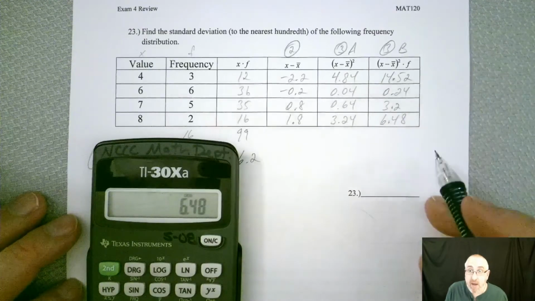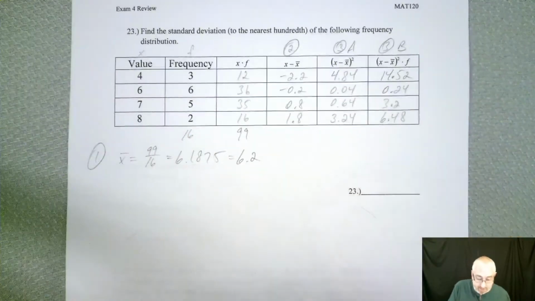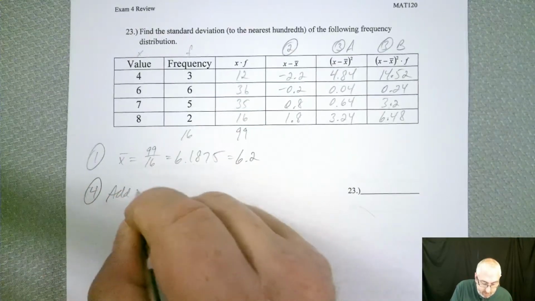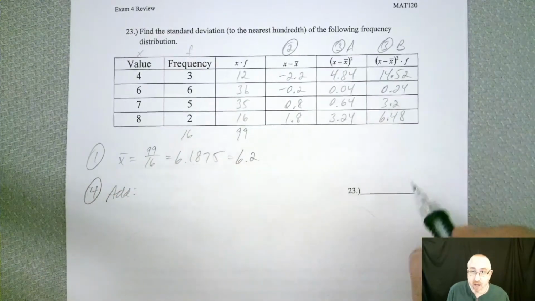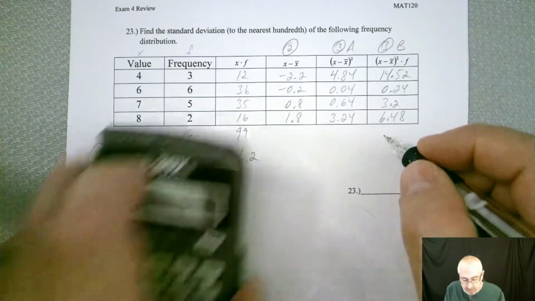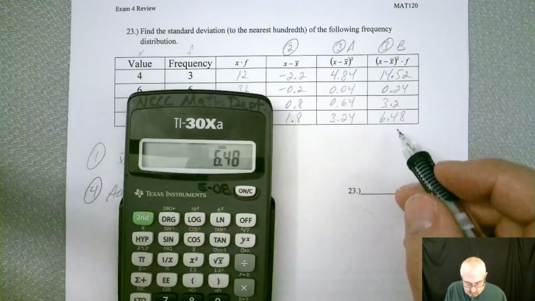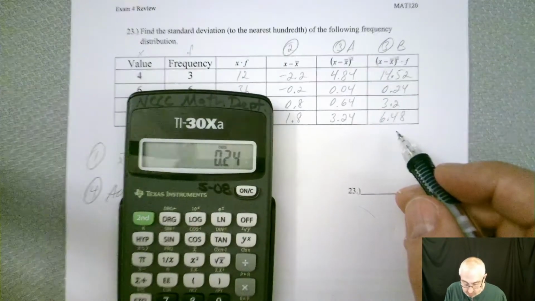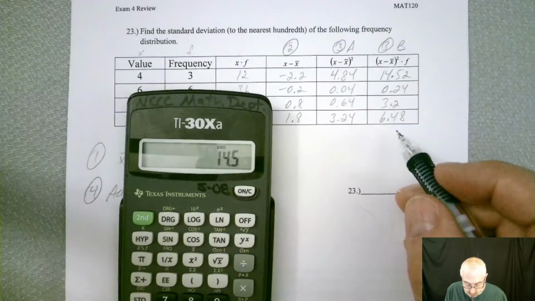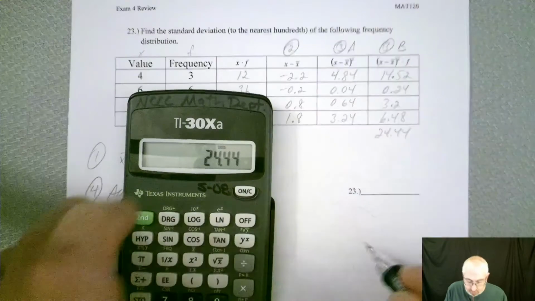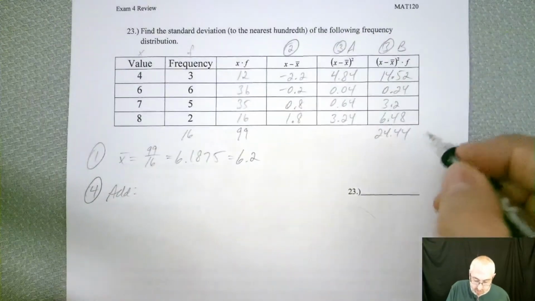Okay, so now we have those results. Step 4, remember, is to add. So we need to just add up this column here. So what do we get? Let's work backwards: plus 0.24 plus 14.52 gives 24.44. So again, this is step 4.